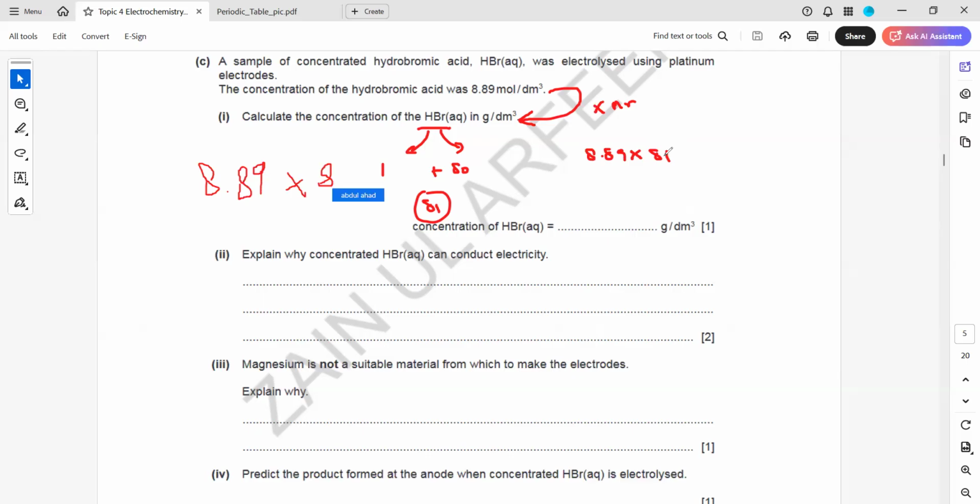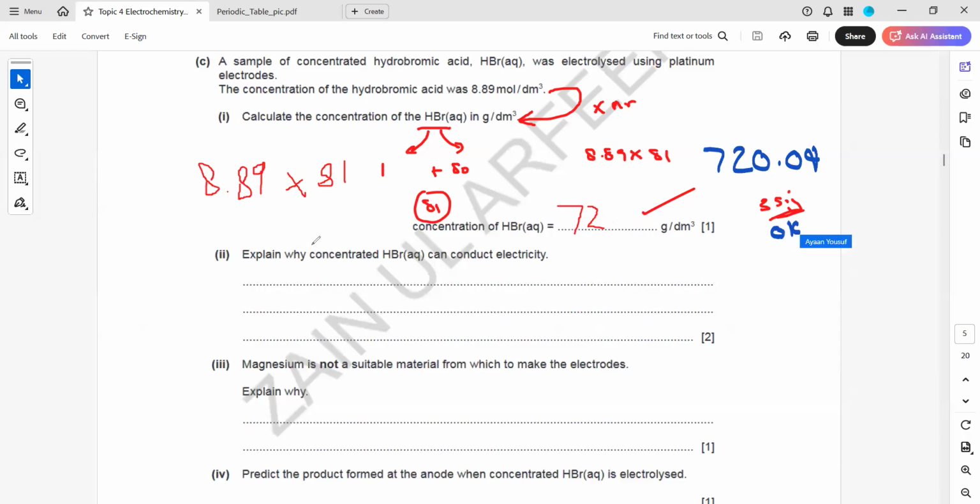In the exam, especially for a 1 mark question, there's no mark for showing working. Even if you directly write the answer, you will score the mark. 8.89 times 81 is 720.09. But always write your answer in 3 significant figures. So if you write 720, that's fine. No need to write 0.09. You should always focus on 3 significant figures.